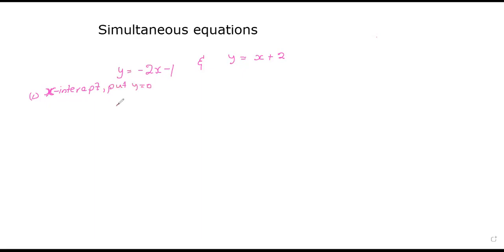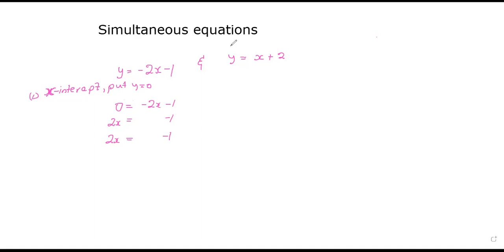This will be 0. Transposing the negative 2x and positive, 2x is equal to negative 1.